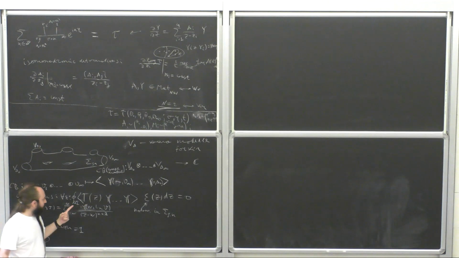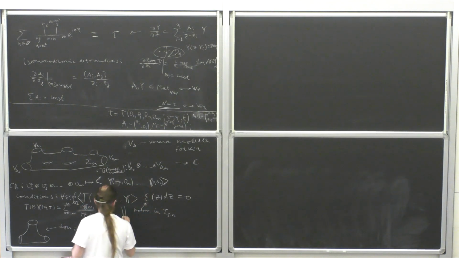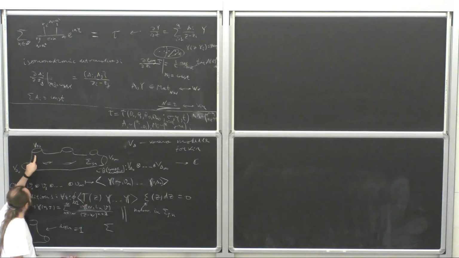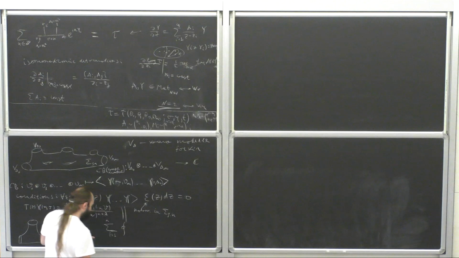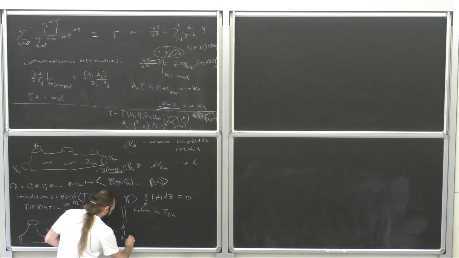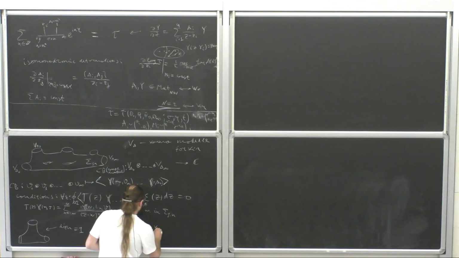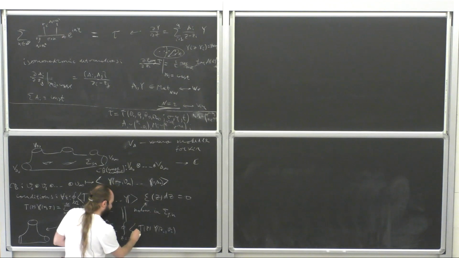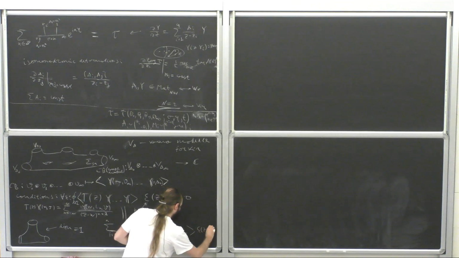So this integral means in reality that it is a sum of integrals around each point, from i equals 1 to n, integral at z equals z_i, T of z, this will be a function of z_i, v_i, something else, epsilon of z, dz.